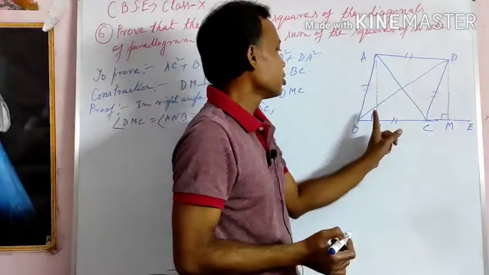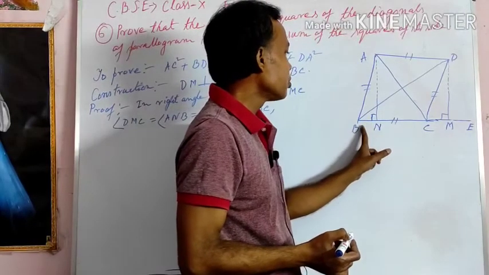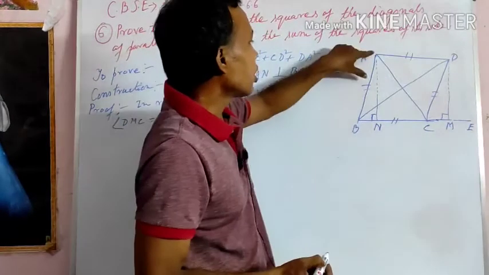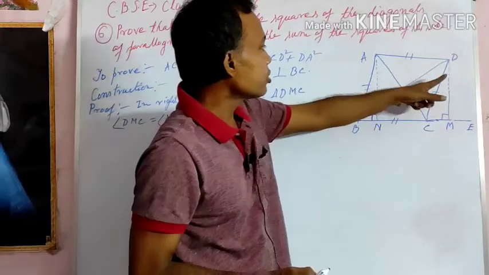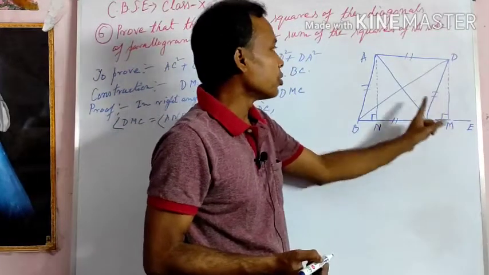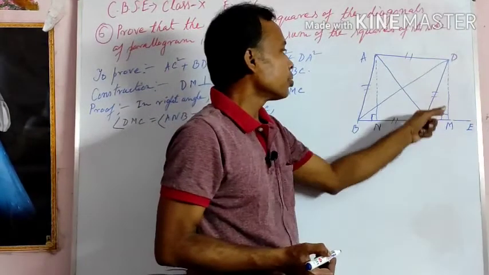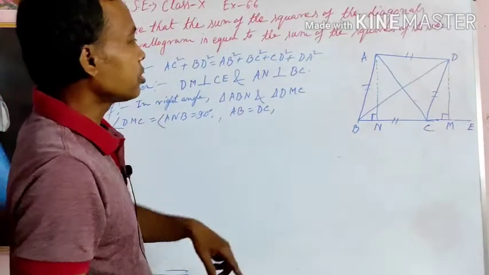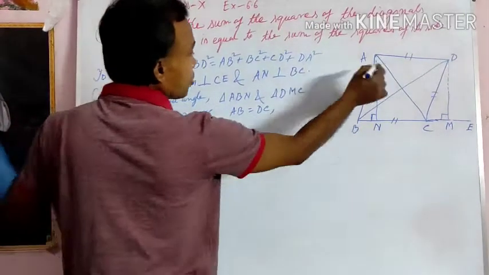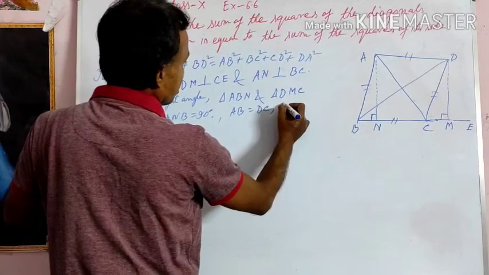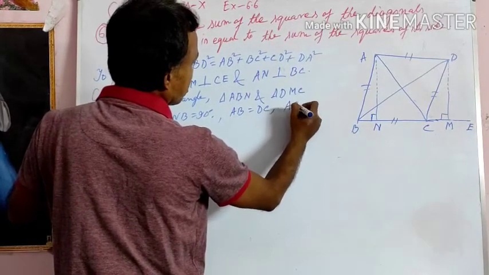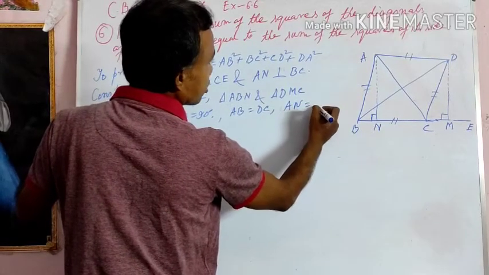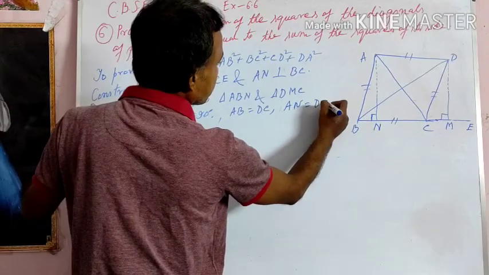AD is parallel to BC or BE, therefore the perpendicular distance AN must be equal to DM. Between two parallel lines, the perpendicular distance will always be equal. That is why AN is equal to DM.